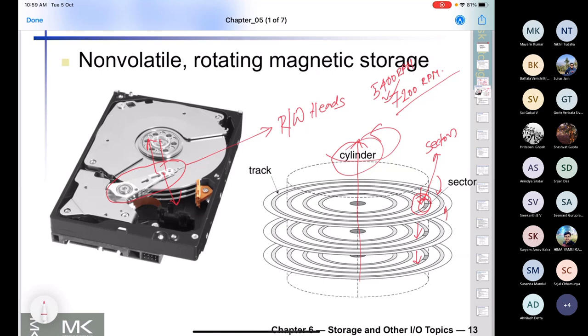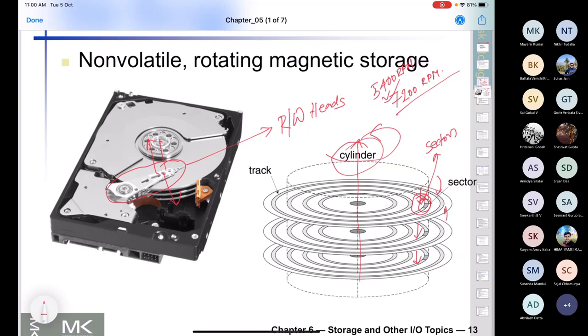In that case, only one of the read-write heads would be reading only from one of the tracks, and the other two disks would remain idle. They will rotate, but they will remain idle because they do not have anything relevant to that file. That's not how it works.